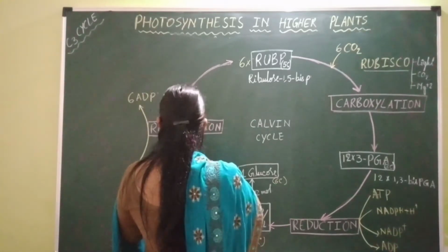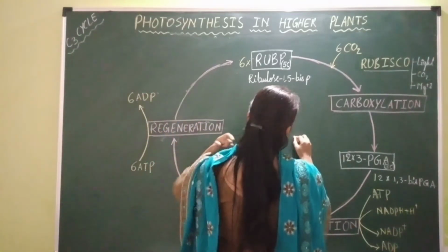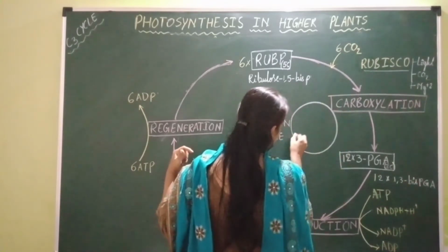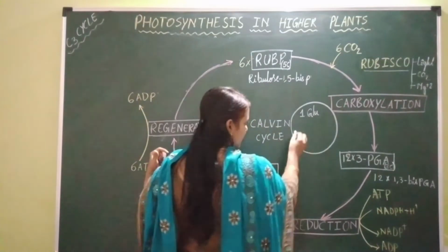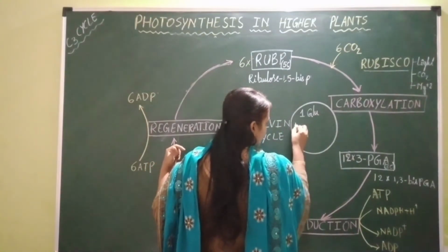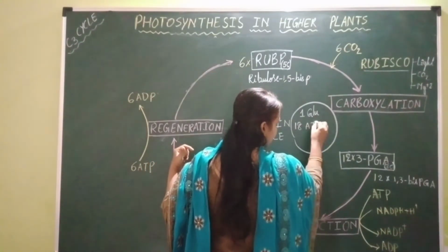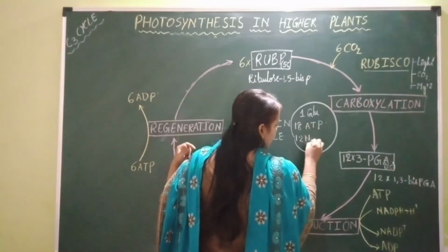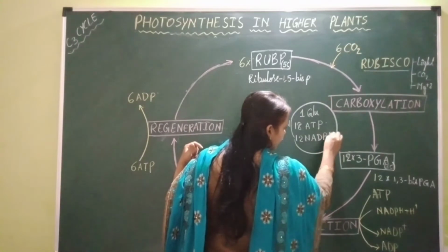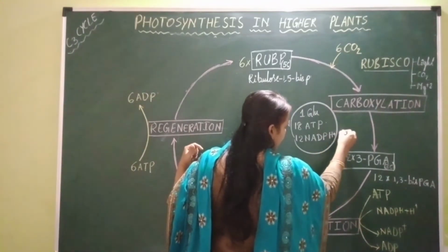Okay. So what is the energy utilized for the synthesis of 1 molecule of glucose? For the synthesis of 1 molecule of glucose, the energy which is utilized is 18 ATPs. 18 ATPs are utilized and 12 NADPH are utilized. 12 NADPH plus H plus are consumed.